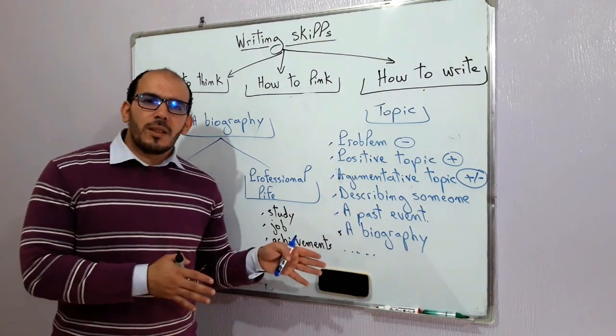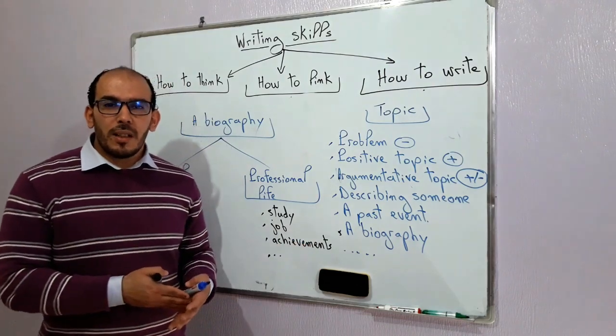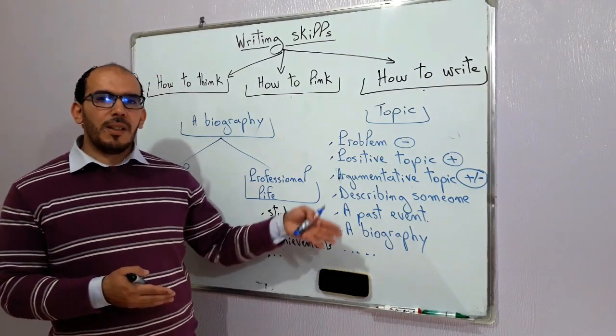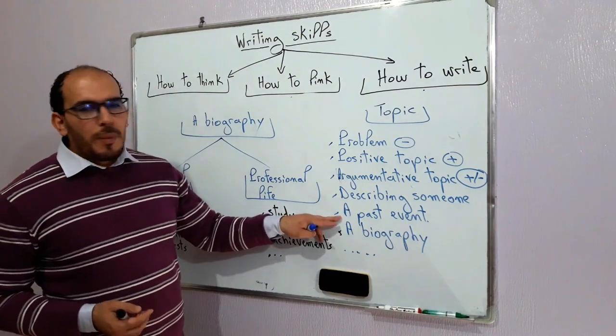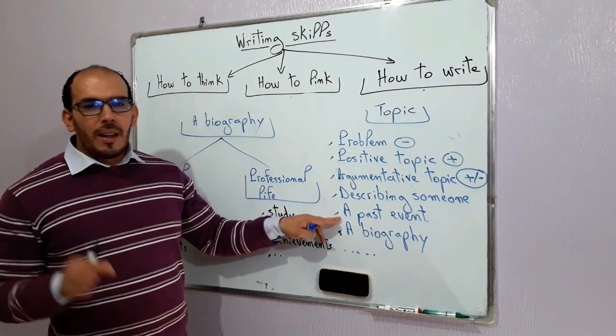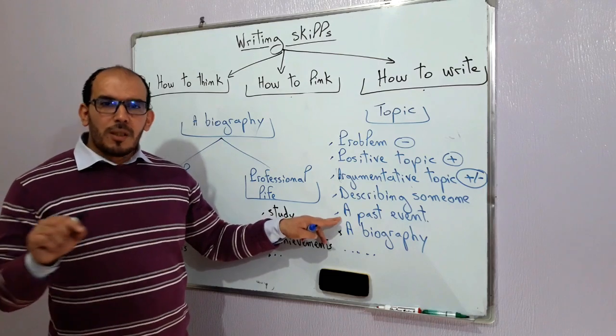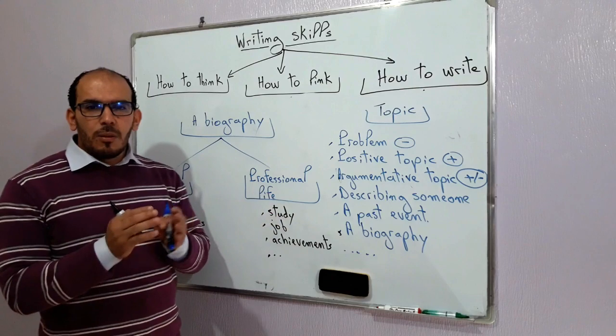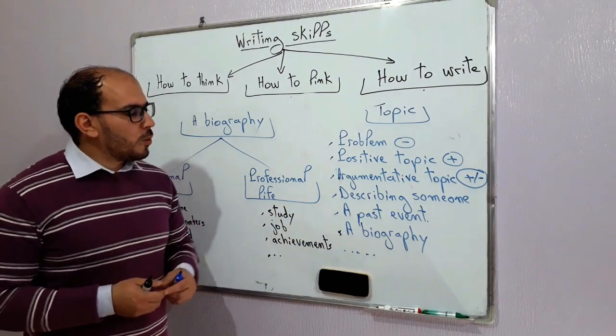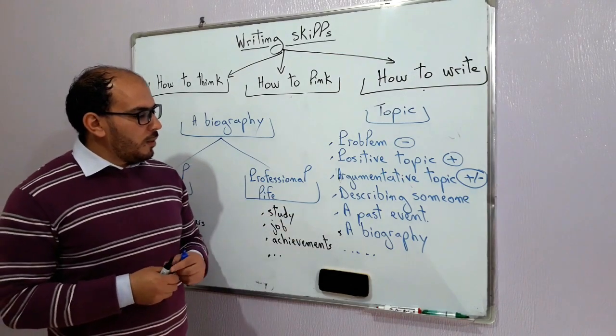When I have moral description, I describe the personality of this person, then the intellectual abilities, and then attitudes of people. When I have a past event, I have to answer these WH questions: what, when, where, why, and how, and then I collect these data to write about this past event.